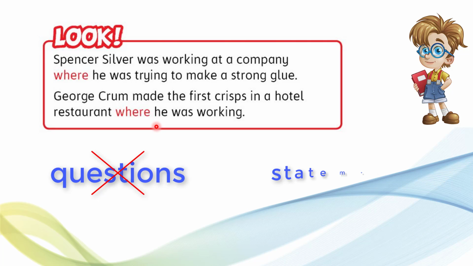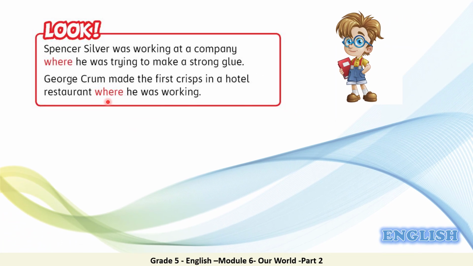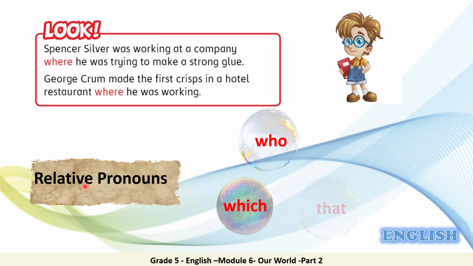They are sentences or statements. That means that where here is not a question word. Where here, my friends, is a relative pronoun, and this is our rule today. The relative pronouns like who, which, that, and where.